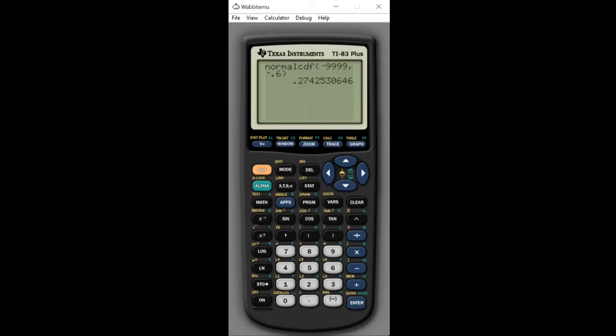Just to give you a heads up, on all these problems we're going to go to 4 decimal places. I think that's exactly how my lab is asking you to do it. So if I go to 4 decimal places, I'm going to put 0.2743, because the number after the 2 is a 5, so I need to round that 2 up to a 3. So 0.2743. Let me stop sharing this and come back to my notes.